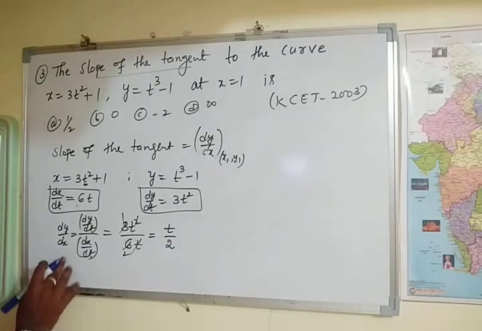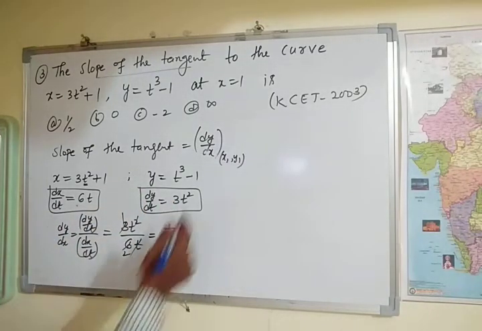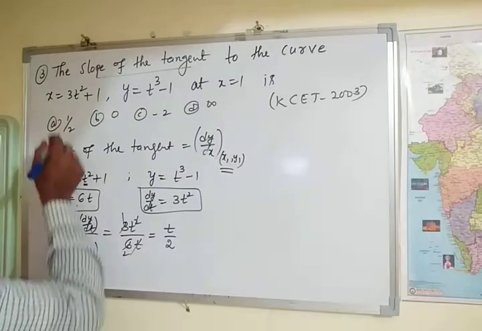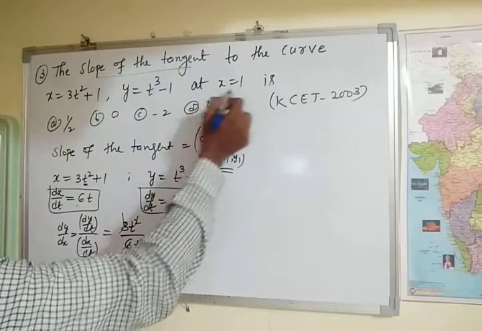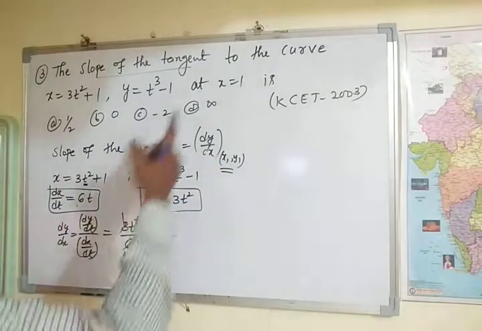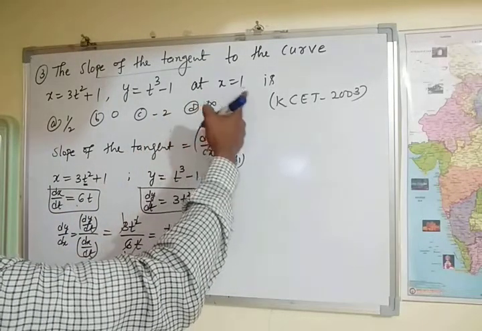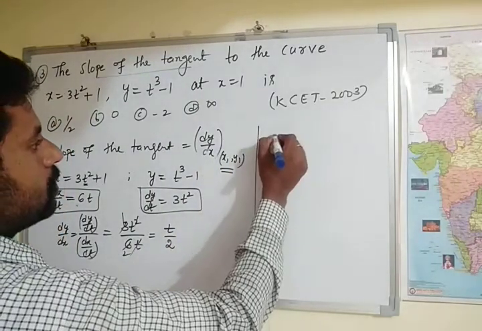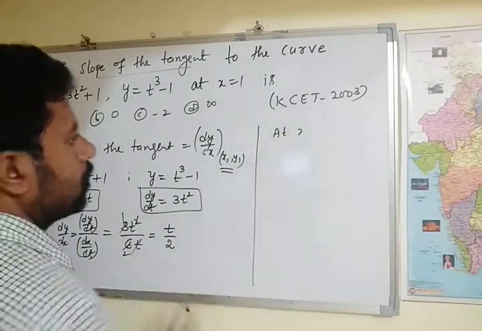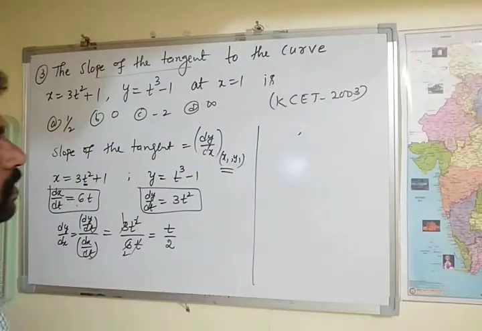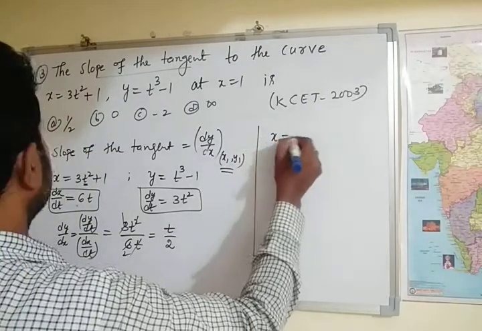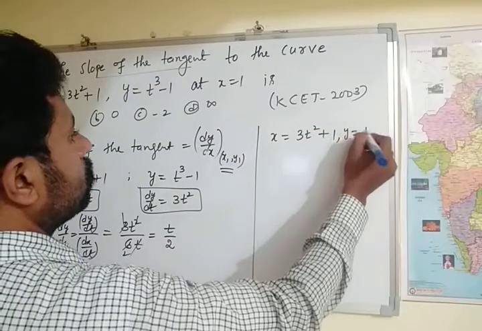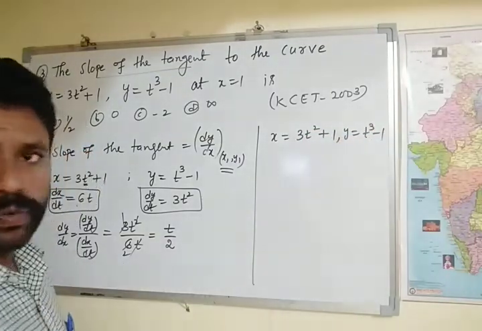See dy by dx. At the point here we consider x1 comma y1 form, but here we have the data, two curves at x is equal to 1. Now here we substitute the value of x is equal to 1 in the curve. X is 3t square plus 1, y is equal to t cube minus 1.